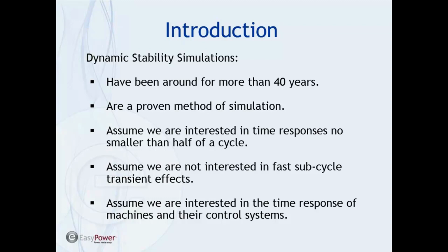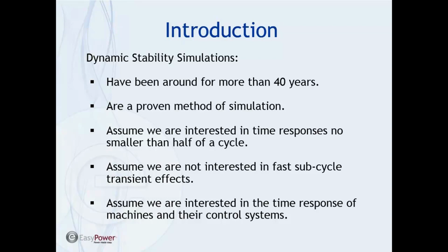It assumes we're interested in a time response that's no smaller than about half a cycle. It assumes we're not interested in fast subcycle transient effects. And unfortunately, the word transient has found its way into dynamic stability as well. We talk about transient motor starting, and I understand the reason for that because we call the field winding the transient effect in a generator.